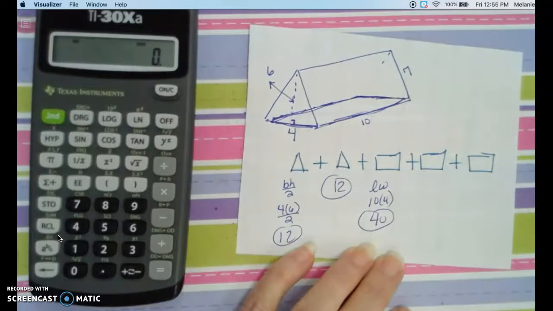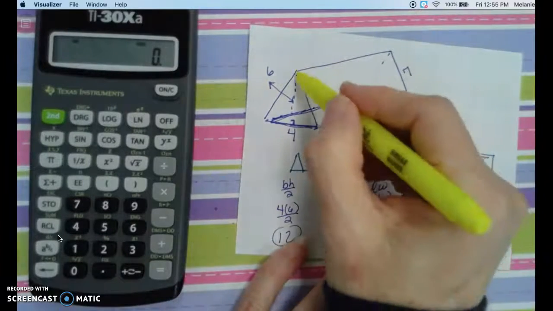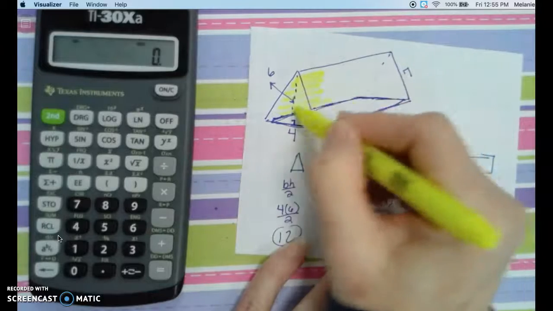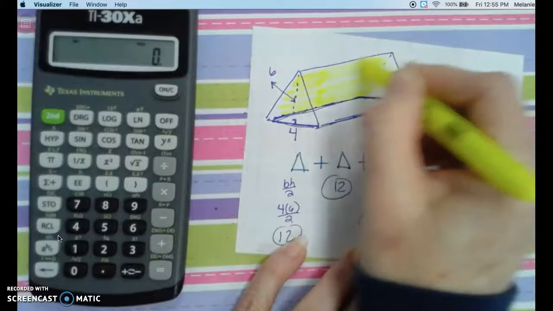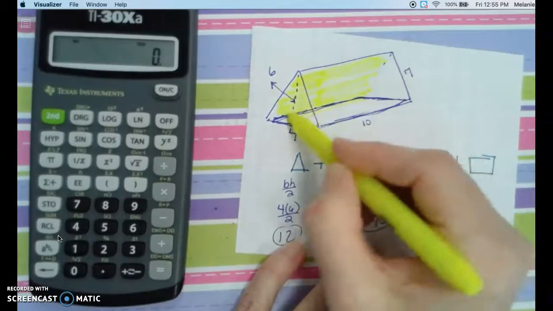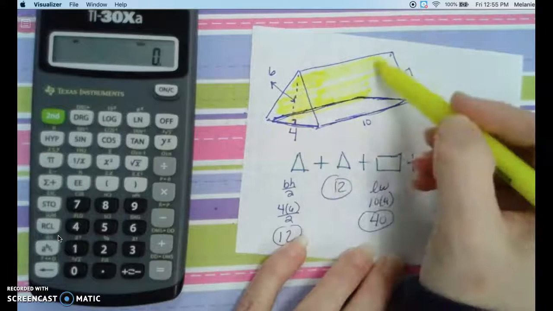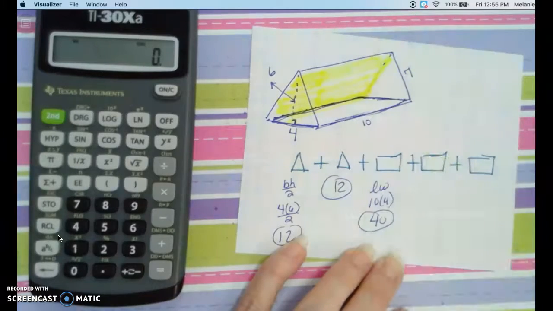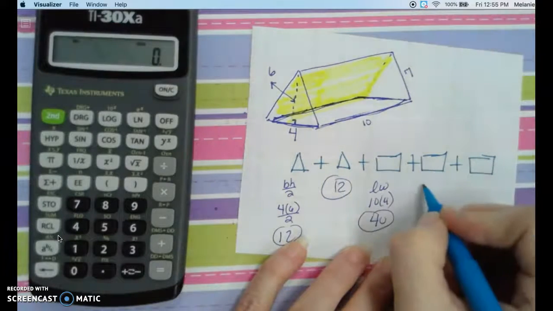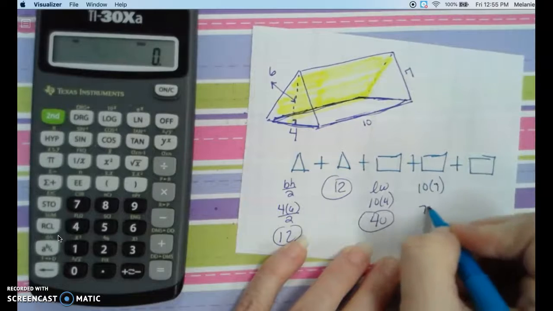And then if we focus on the back, or what kind of looks like the back from this direction, the bottom right here is 10, and then this piece is going to be 7, which is 70.